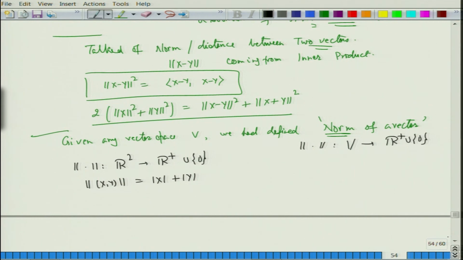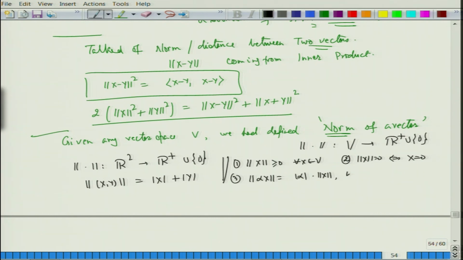Now, what I would like you to see is that this has all the properties of a norm. Norm of x was supposed to be greater than or equal to 0 for all x belonging to V. That was 1. 2. Norm of x was 0 if and only if x was 0. 3. Norm of alpha x was equal to absolute value of alpha times norm of x.